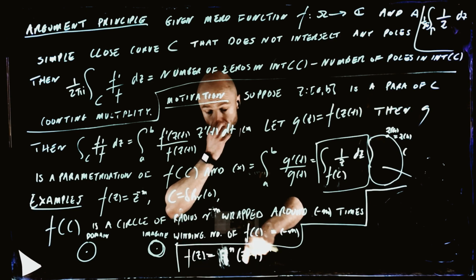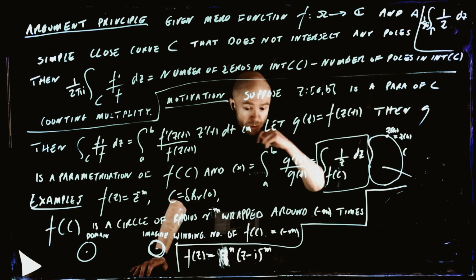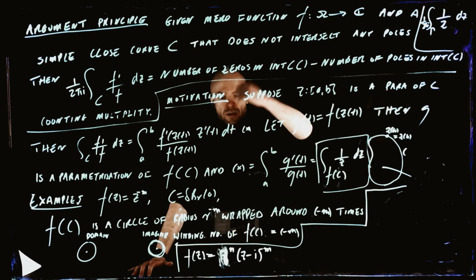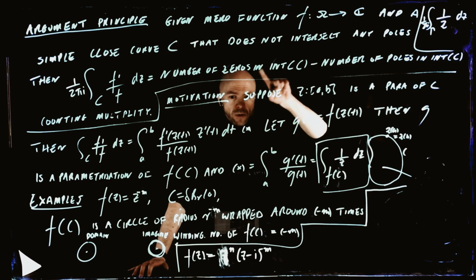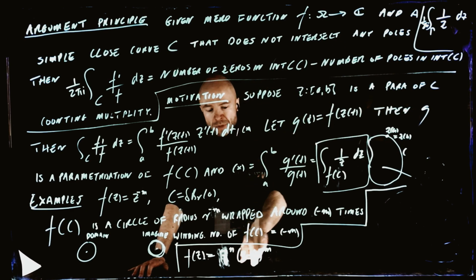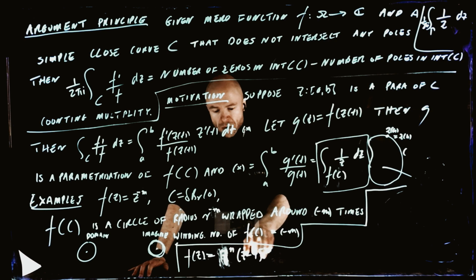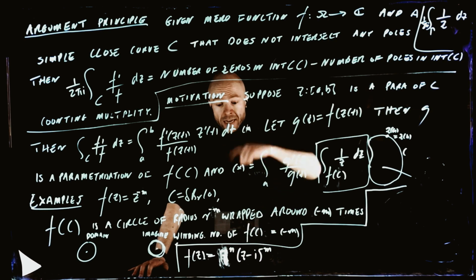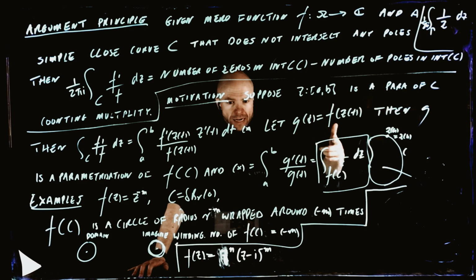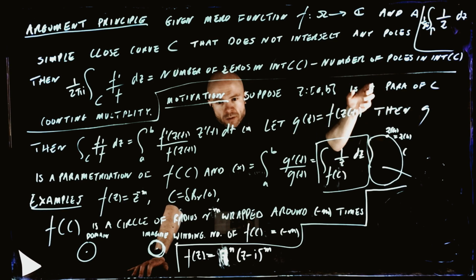So for very large z, you would expect this to actually be taking the circle and winding it around. Well, it depends what the signs of m and n are, right? So I'm going to say it's going to wind around n minus m times, where by that I mean n minus m is the number of clockwise times it winds around.